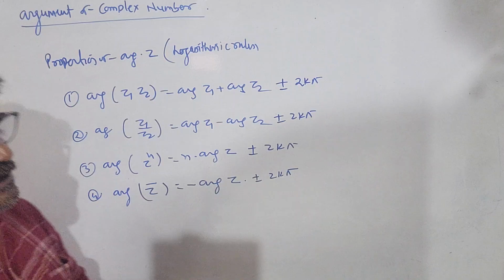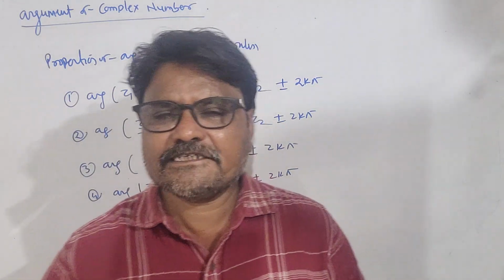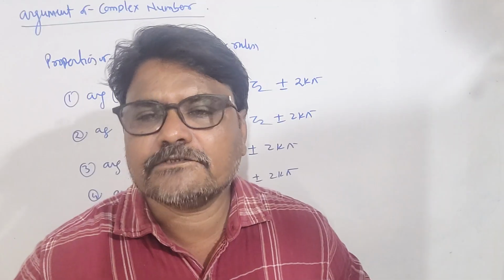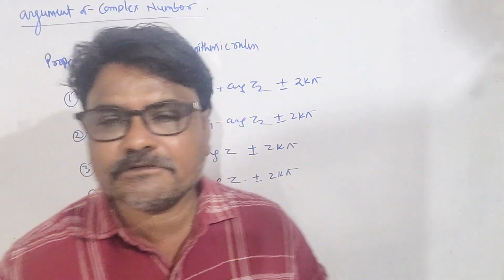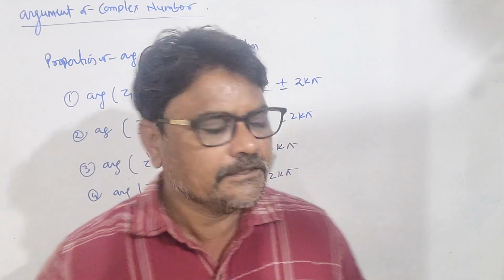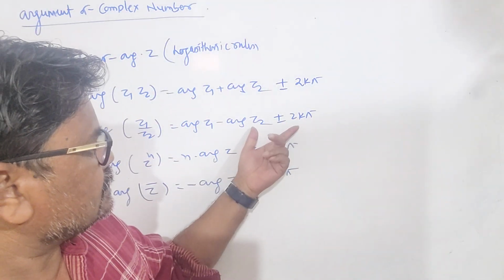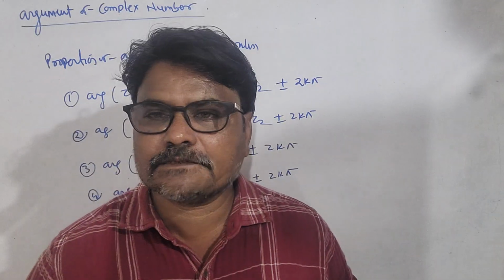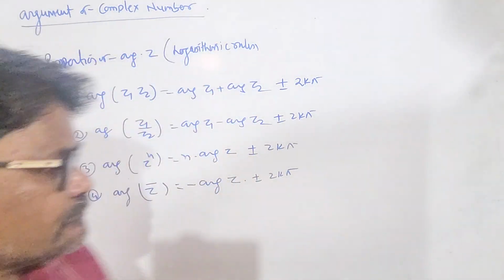Because the argument is a many valued function. If you want the principal value of the argument of a complex number, that principal value always lies between minus pi to pi, including pi. So by using this concept of plus and minus, you can bring that principal value between minus pi to pi. That's the simple concept.